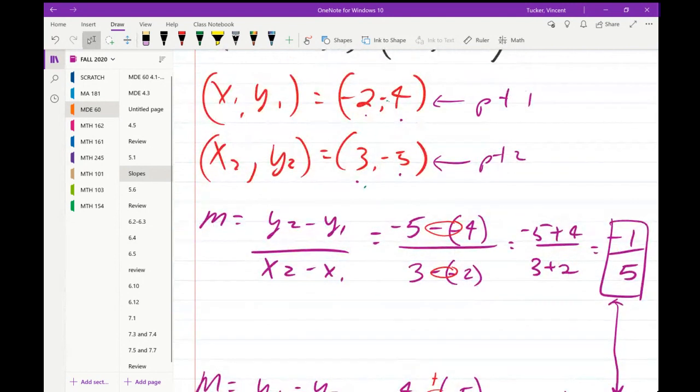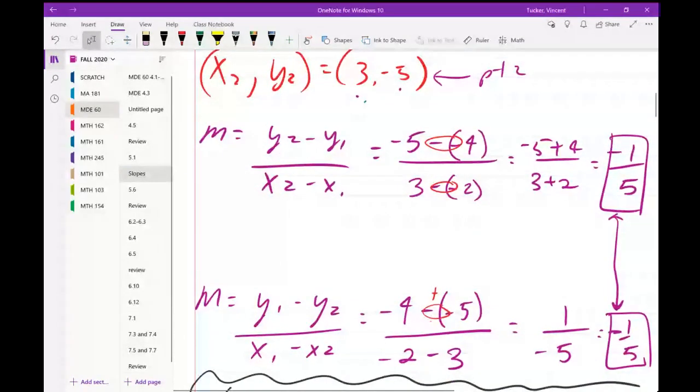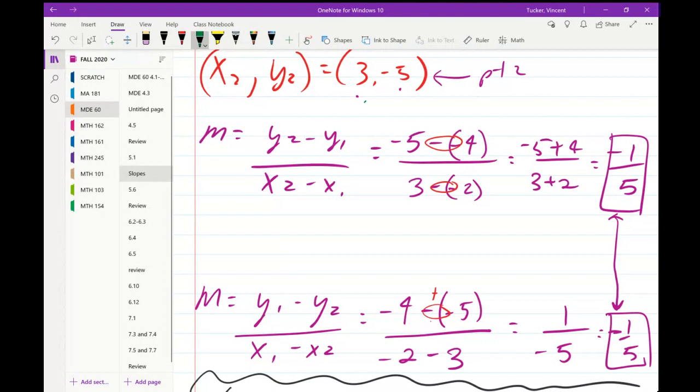All right. So going the other way, y1 minus y2 over x1 minus x2. So y1 is -4 minus y2, which is -5. Then we have x1, which is -2, minus x2, which is 3. Negative turns positive, so you have -4 plus 5, which is a +1, over -2 minus 3, which is a -5.